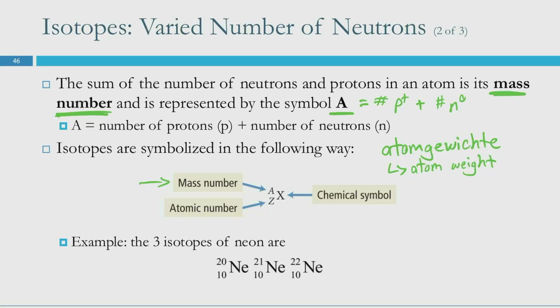So mass number, protons plus neutrons, our atomic number, just protons. There are a couple of ways that you can remember which one goes where. One of them, if you remember the symbols, A and Z, what comes first in the alphabet? A. A comes before Z, so we go from A up top to Z down below.